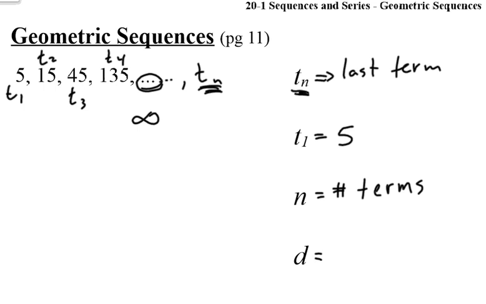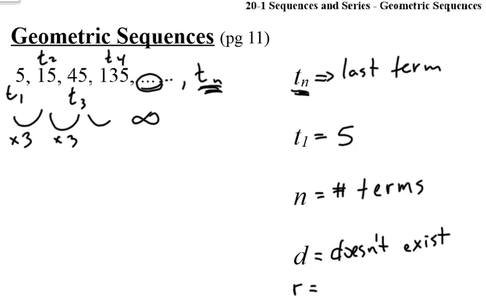And the d value, like we just talked about on the previous screen, it doesn't exist. There is no d value because it's not a common difference. We now have the r value, the common ratio. How does 5 become 15? Multiply by 3. How does 15 become 45?